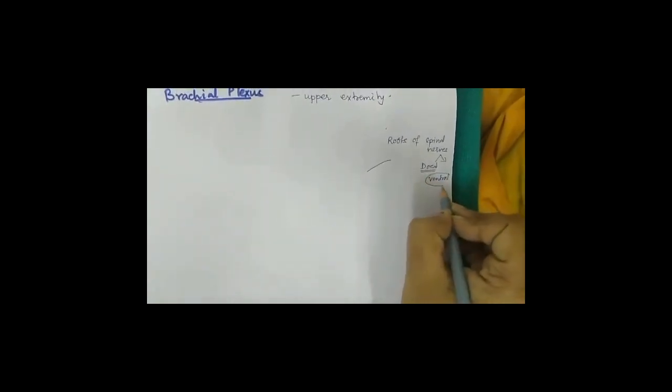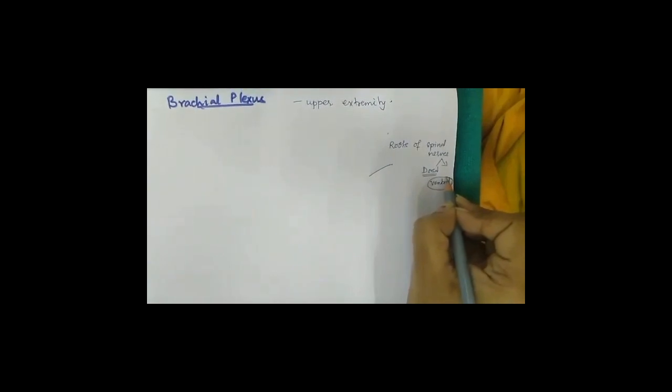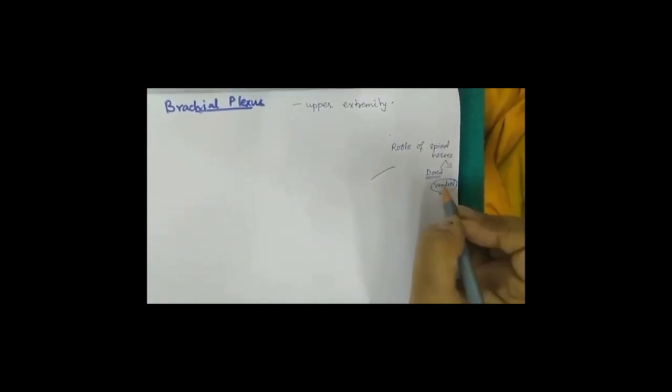The dorsal rami goes and supplies the structures in the back of the trunk. Rest of the body, including the front of the trunk, both the limbs and head and neck, are supplied by ventral branches of the spinal nerves.